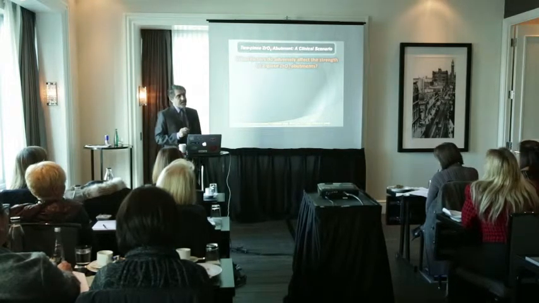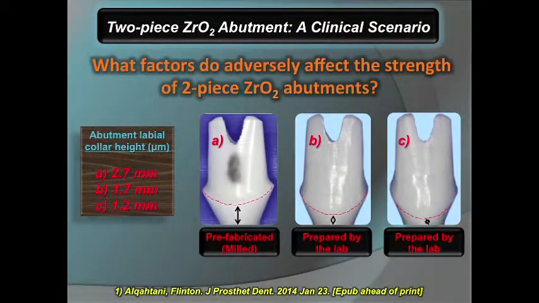Al-Bahtani did a very interesting study. They had 3 different types of zirconia abutment with metal base. On one of them, they didn't touch the surface, so they centered it and that's it. They cemented the abutment to the base and everything was milled, everything was fine. With the second one, they started grinding about 1 millimeter from here to provide some nice margins.